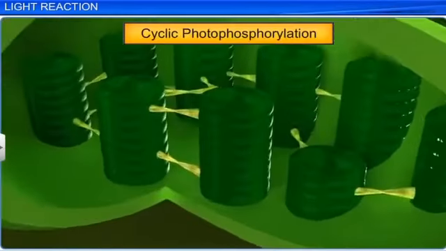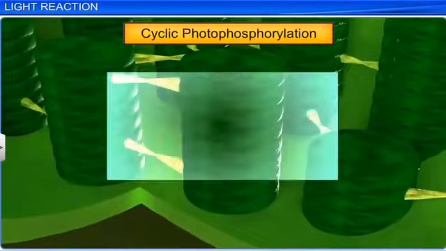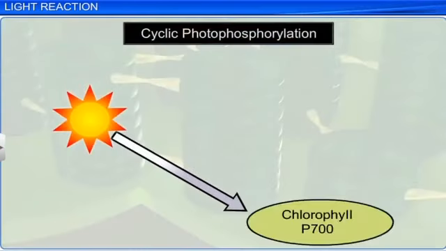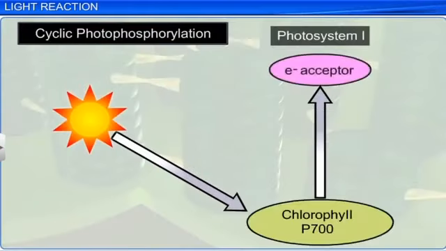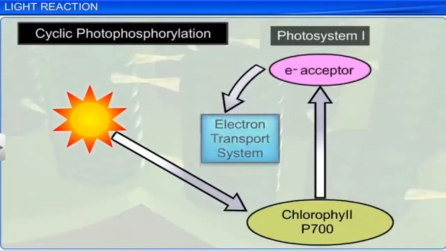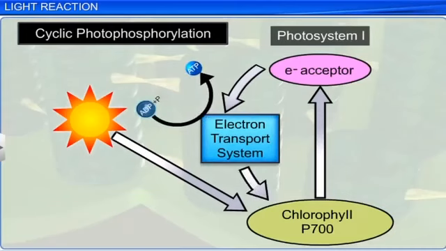The cyclic flow of electrons occurs in the stroma lamellae membrane, where only PS1 is functional. This is because the lamellae membrane lacks both PS2 and the NADP reductase enzyme.